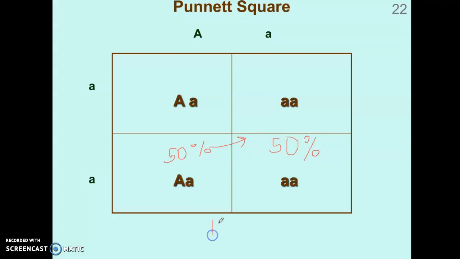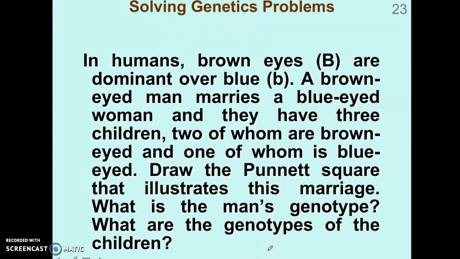Or the ratio would be 1 to 1. There's a 1-to-1 chance that the offspring is heterozygous or homozygous recessive. Okay, we're going to practice another one.